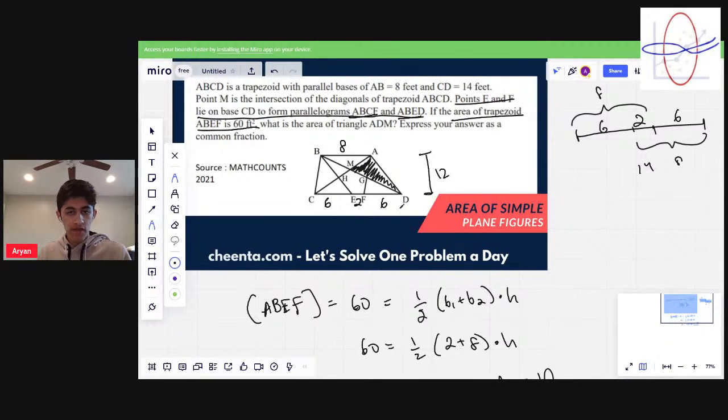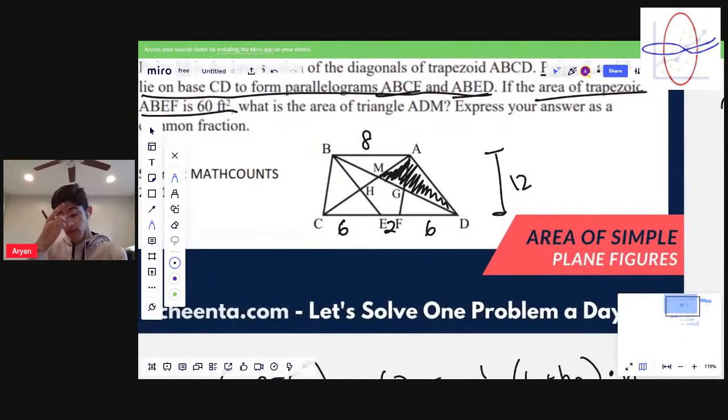Now, clearly, we can't really find the base or the height of this triangle. You could say AM is your base, but then it's pretty hard to find the height. None of the heights are really easy to find. So we approach this using similar triangles, because when you have parallel lines, you have tons of similar triangles. If we get rid of the shading, triangle ABM is going to be similar to triangle CDM.